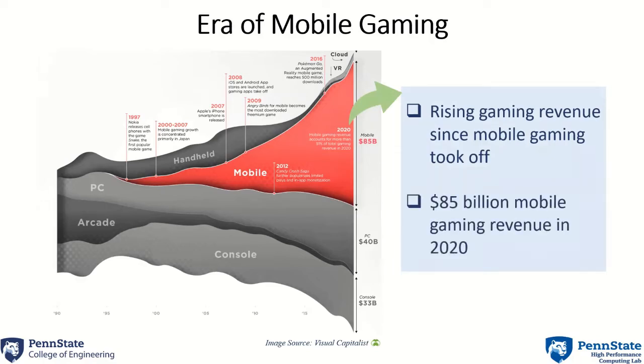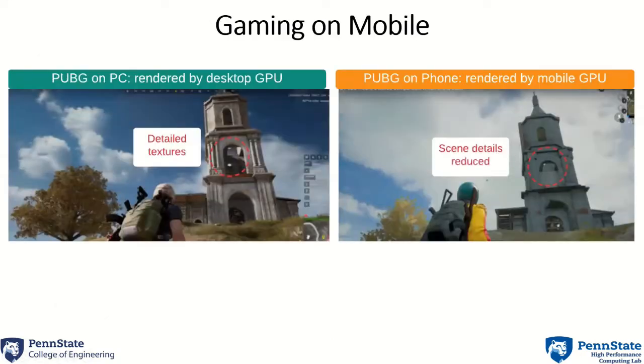According to a study released by Visual Capitalist in 2020, out of the overall $165 billion gaming revenue, $85 billion can be attributed to mobile gaming. However, if we compare the state of the art mobile games with their desktop PC versions, they're still lagging behind, as we can see from the two versions of the same game rendered using desktop GPU on the left and another rendered using the mobile GPU on the right.